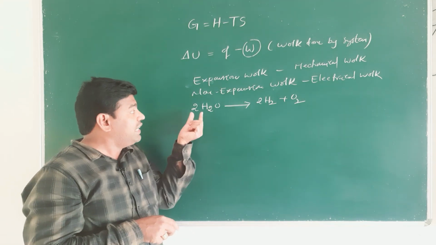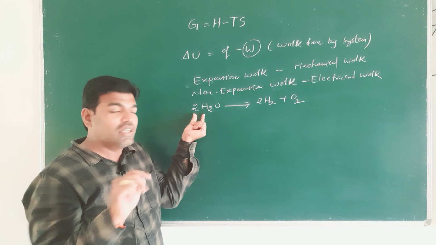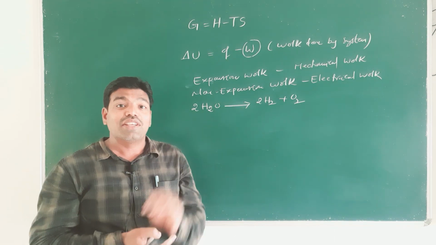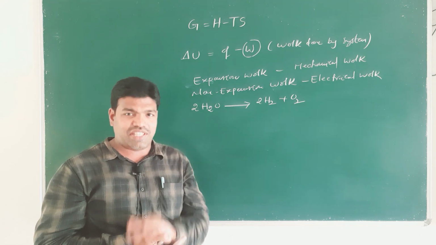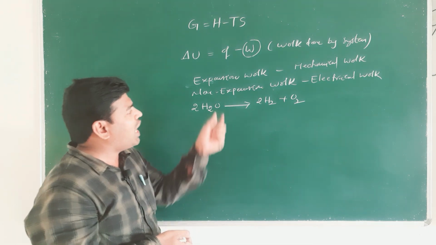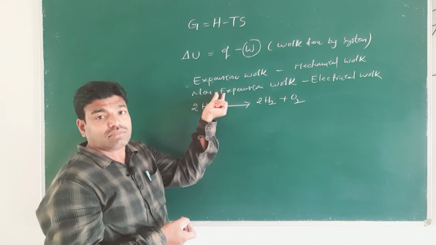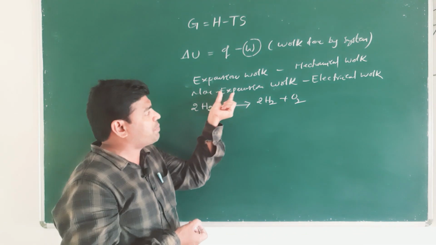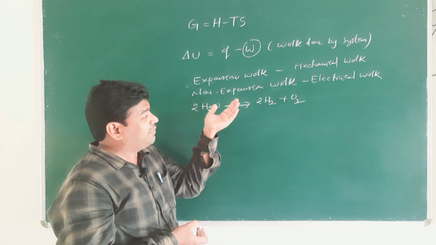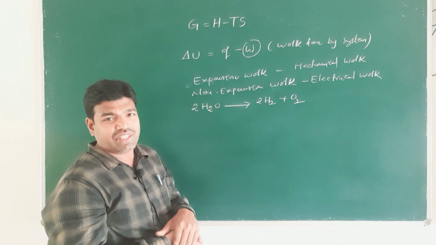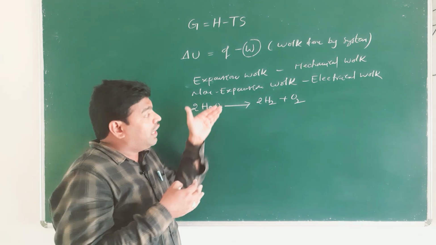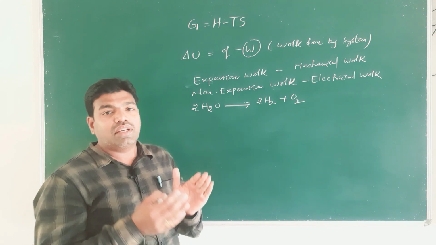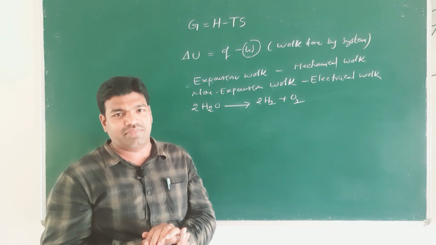That is, the reactants are 2 moles, the products are 3 moles, so the volume increases. That includes expansion work. So non-expansion work is the water decomposition, but expansion work is increasing the volume of the system.